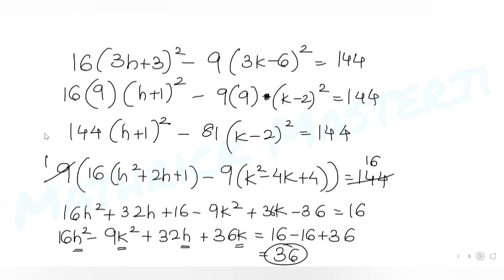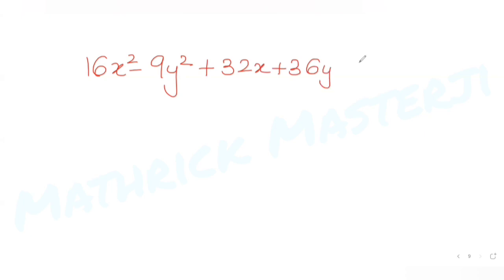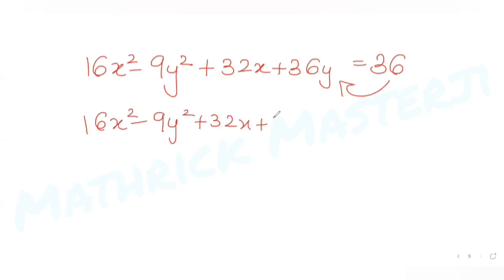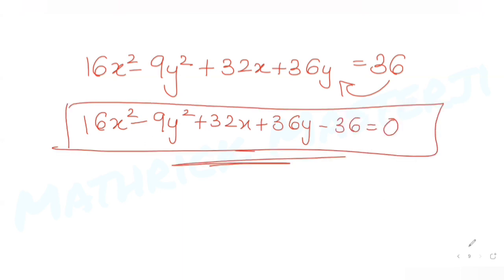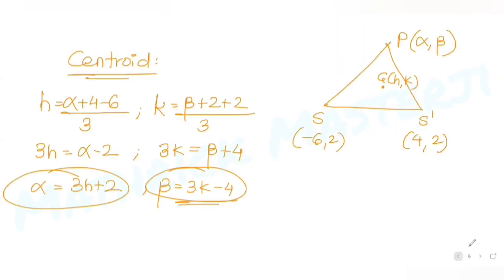I get 16x squared minus 9y squared plus 32x plus 36y equals 36. If I take it on the left hand side, it makes it minus 36, so you get 32x plus 36y minus 36 equals 0. And this gives you the locus of the centroid of that triangle which is asked in the question.